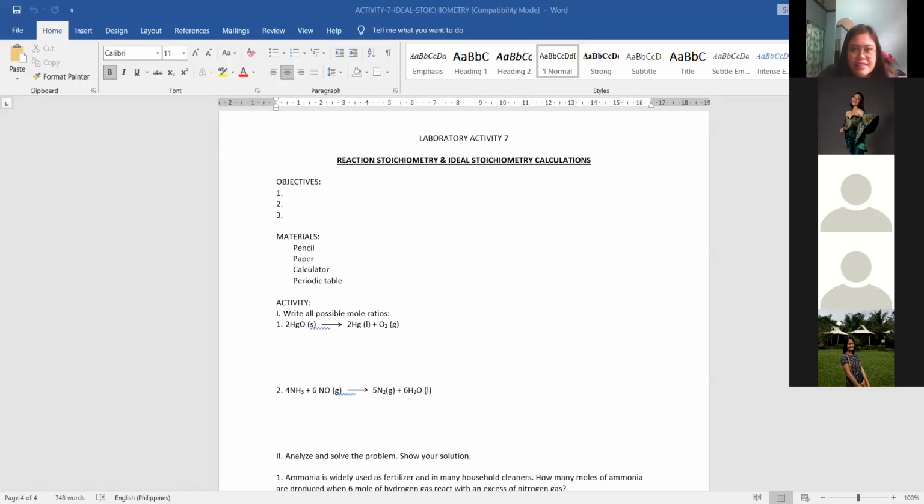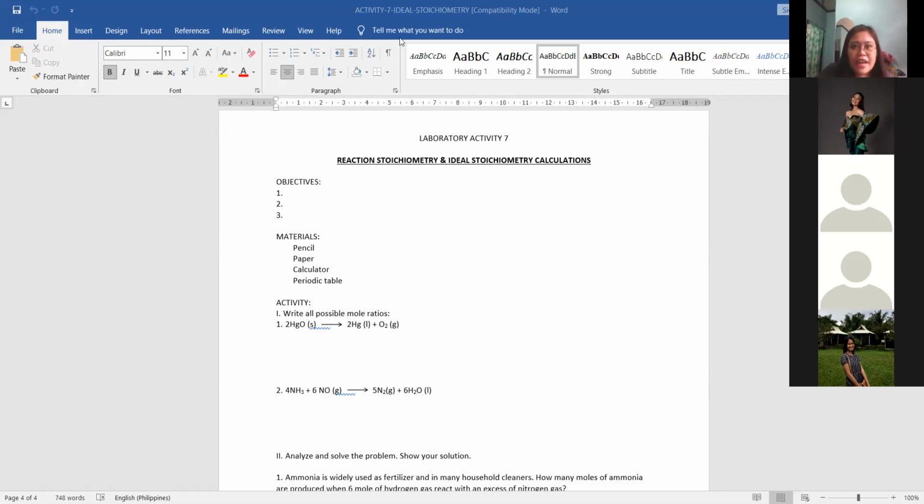So, para ma-clarify natin lahat, class, again, this is reaction stoichiometry and ideal stoichiometry calculations. So, sa activity na ito, we will just apply our discussion sa lecture about stoichiometry. How are you going to identify the mole ratio?